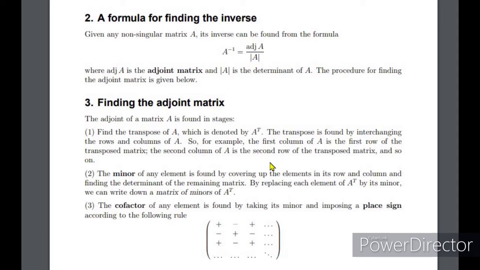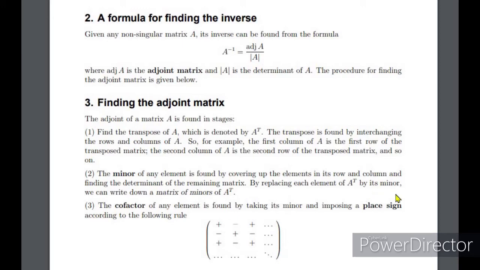Next, the minor of any element is found by covering up the elements in its row and column. So for the second stage, we will find the minor, as we discussed earlier, by finding the determinant of the remaining matrix, replacing each element of the transpose matrix by its minor.